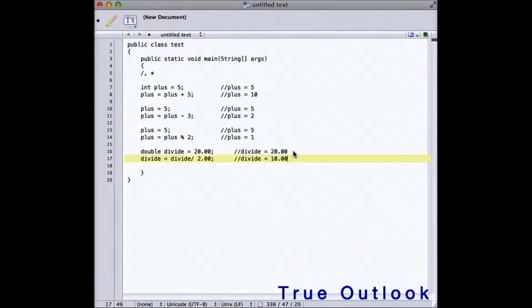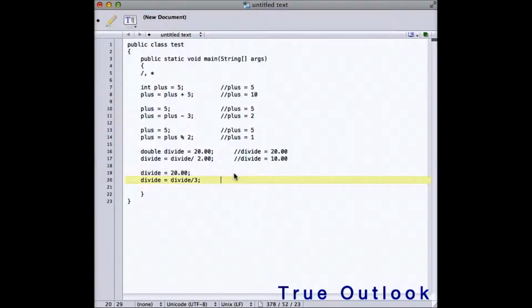So if I went divide is equal to 20.0, divide is equal to divide divided by, I'll do a bit of an easy one, maths isn't my strong point, divided by 3.